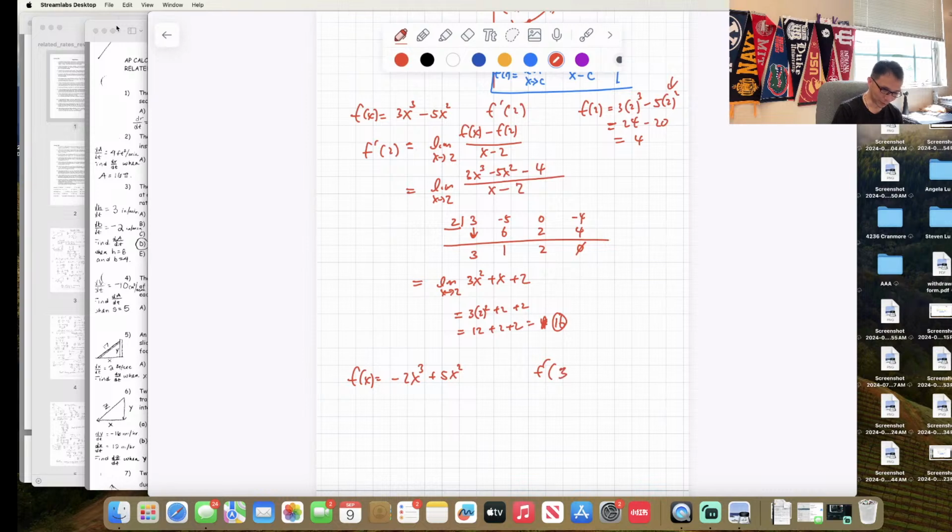Let's do 3. Yeah, f of x is negative 2x to the cube plus 5x squared, and we say f prime of 3.